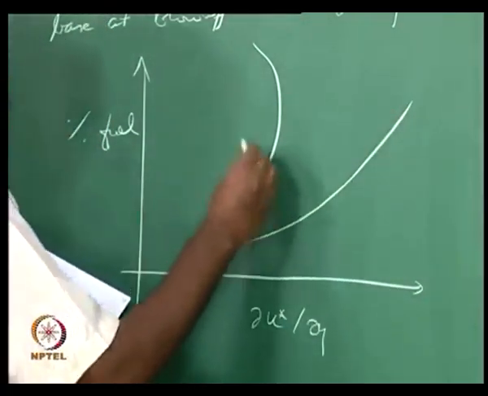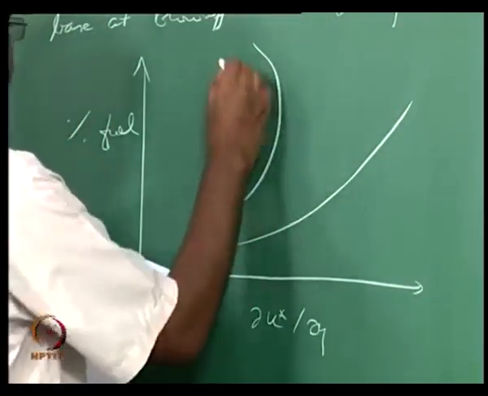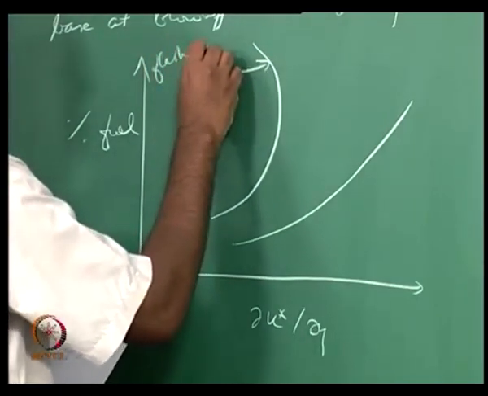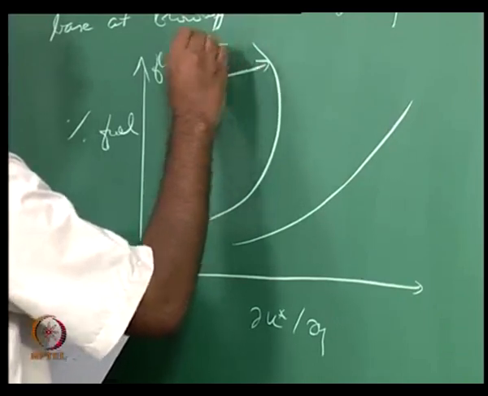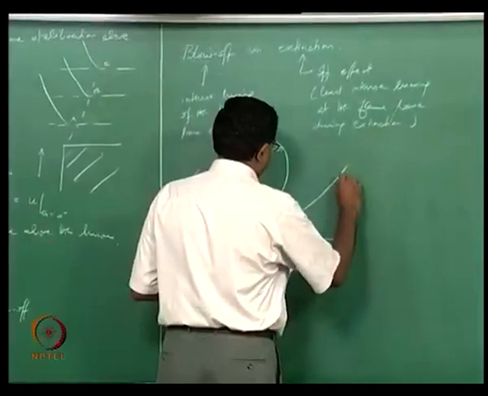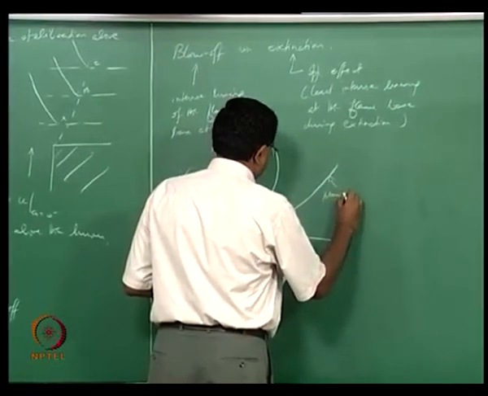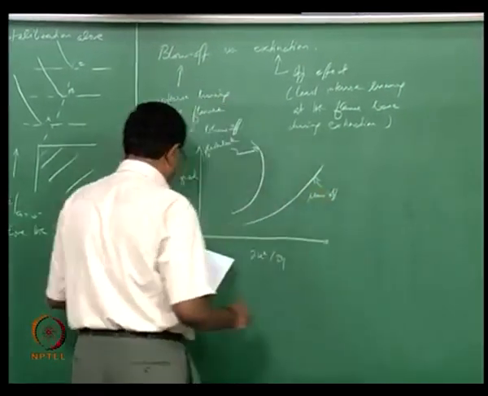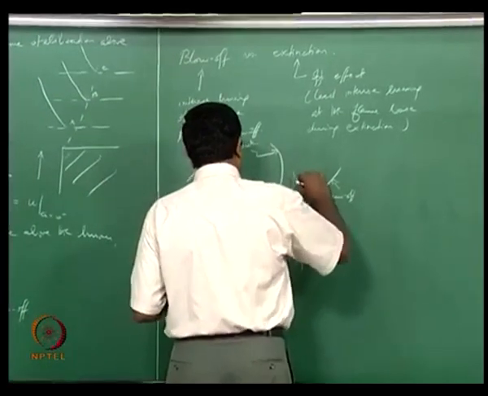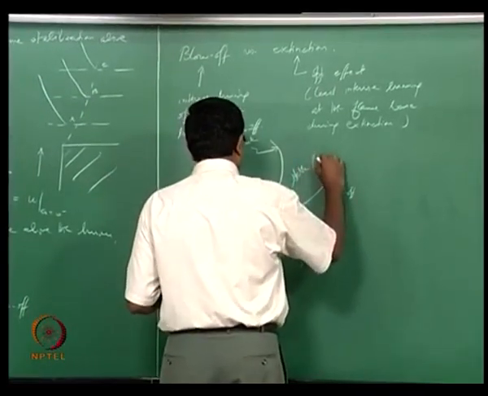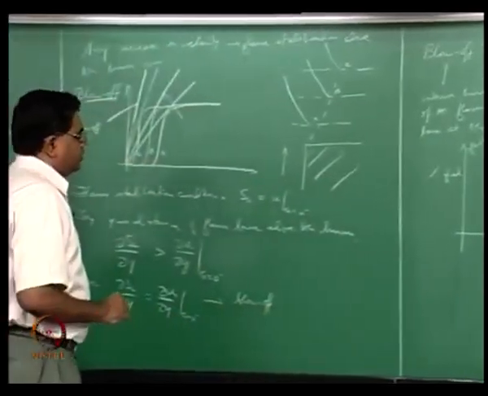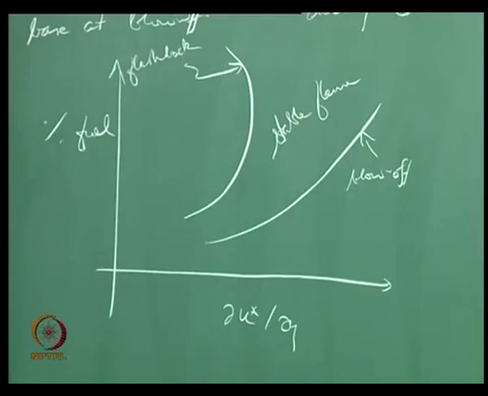So this is the flashback curve, right, and this is the blow off curve. And in between the two you're going to have a stable flame.